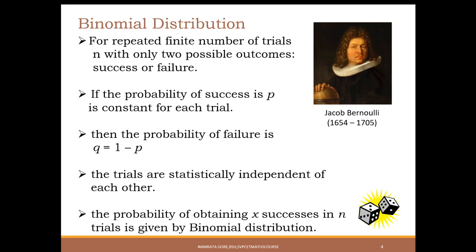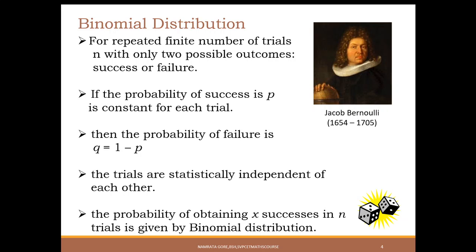Consider an example of rolling a die to get a 1 on the face. Roll it 20 times and we get a binomial distribution with n equal to 20. Success of getting 1 on the face gives probability of success P equal to 1 by 6, getting 1 out of 6.